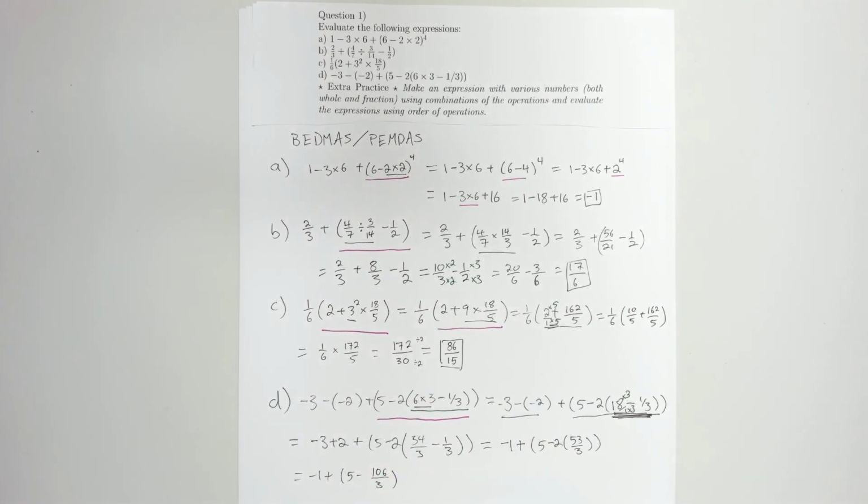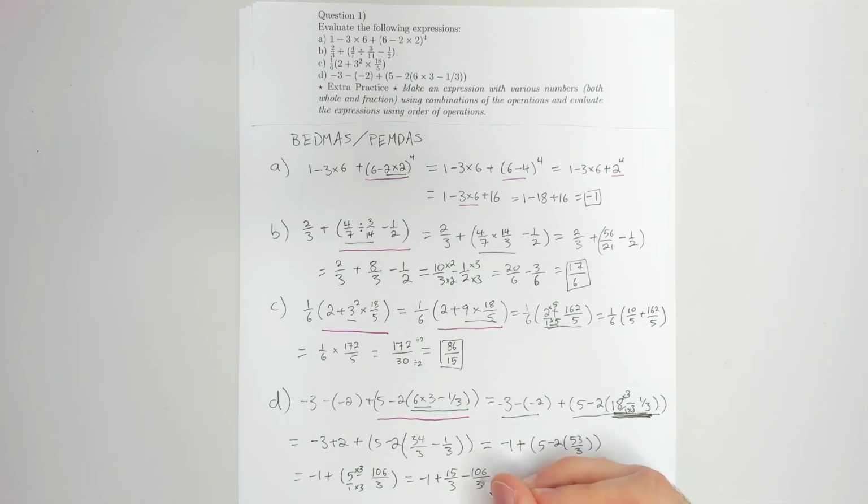And once again, we are going to want to make a common denominator. So the common denominator is going to be 3 here. So I'm going to multiply this 5 over 1 by 3 in the numerator and denominator, and that's going to give me 15 over 3 minus 106 over 3. And one thing to notice is I dropped the parentheses here because we just have addition and subtraction, so we're just evaluating this from left to right.